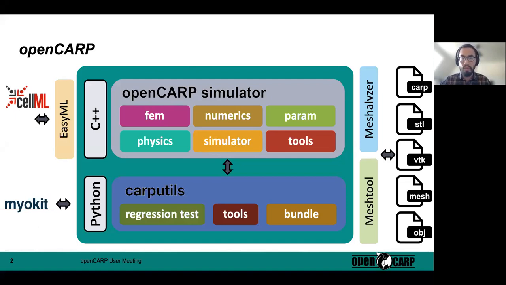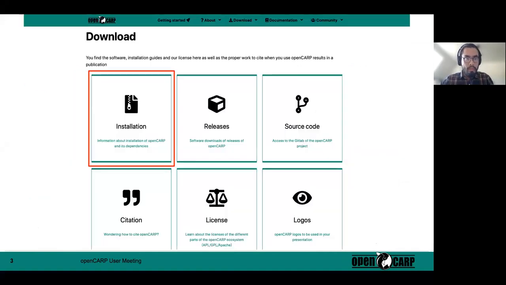One is the openCARP C++ simulator, and the second one is carpentry, the Python framework. You can find a very detailed installation guide on our website, from the download page and then a web page for installation.